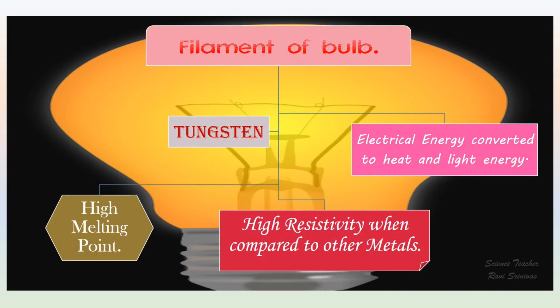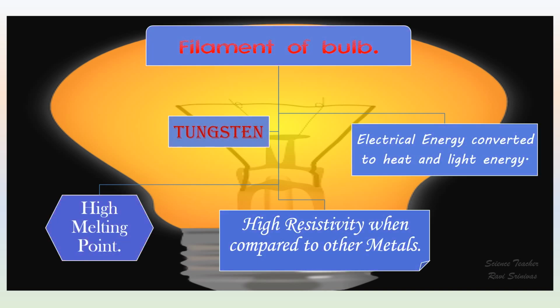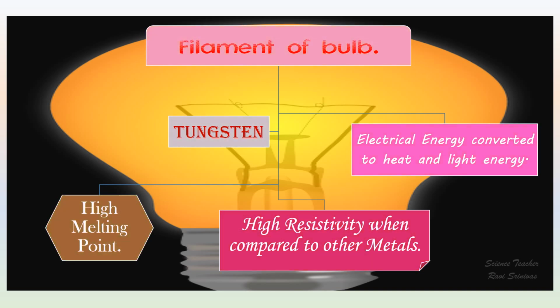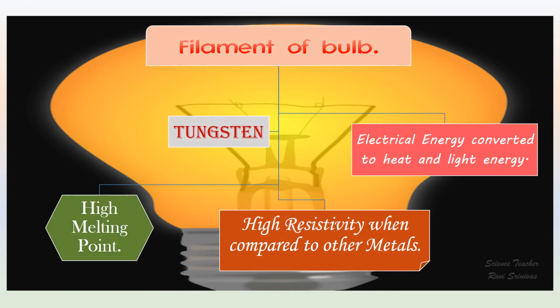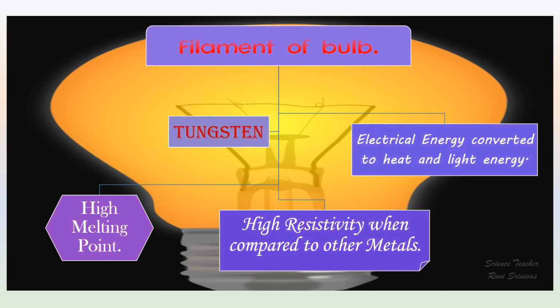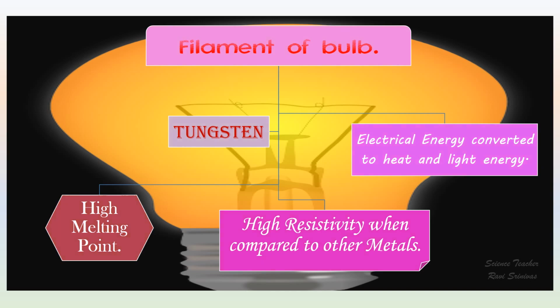Tungsten has very high melting point, which is 3380 degrees Celsius. The bulbs are usually filled with chemically inactive nitrogen and argon gases to prolong the life of filament.